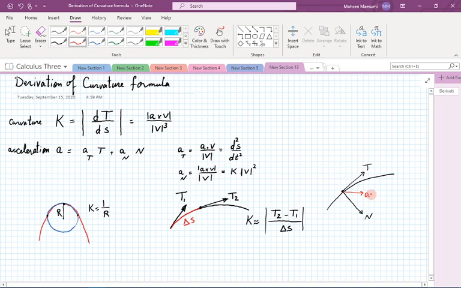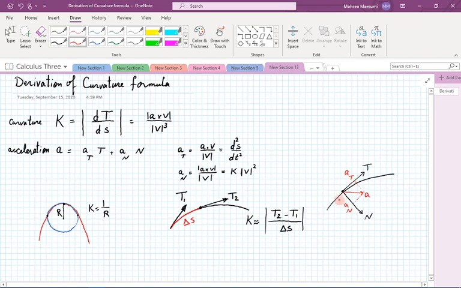So this is our acceleration. The question is, if I take this acceleration and break it into tangential and normal components, this one is called the tangential component and this one is called the normal component.